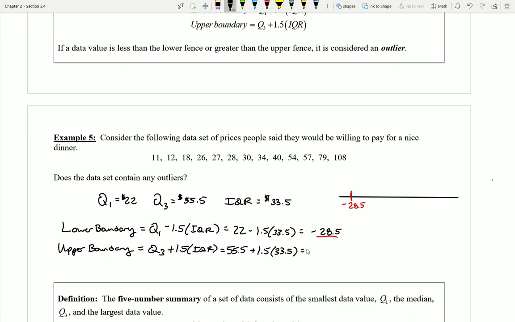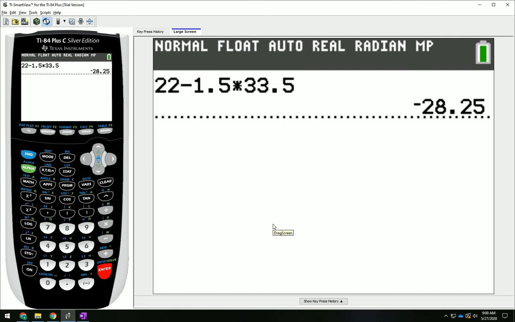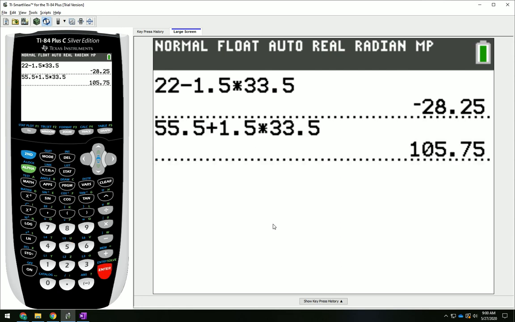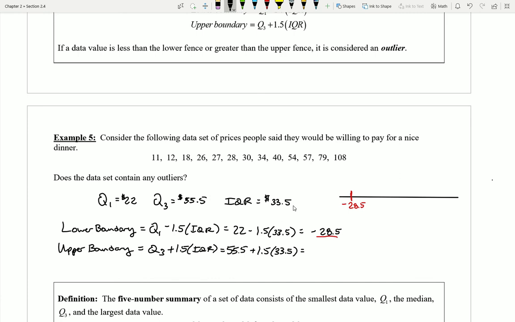Seeing what the calculator tells me, I get 55.5 plus 1.5 times 33.5, which is 105.75. So I have another value here, 105.75, and I can put that down.